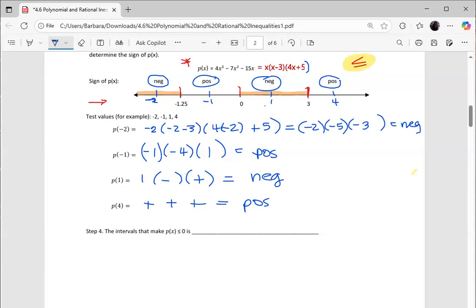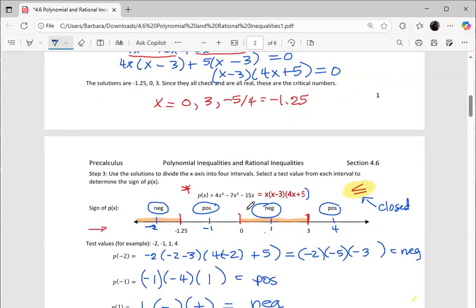From what I shaded, I have negative infinity to -1.25. And looking at the original, this means it's closed. Union, and then we start at 0 and we go to 3.